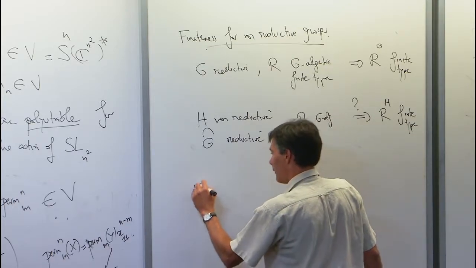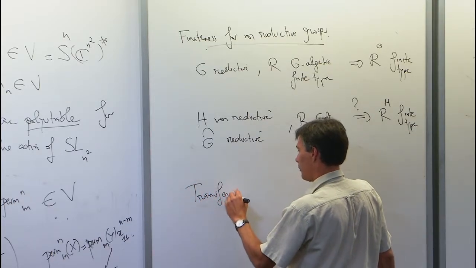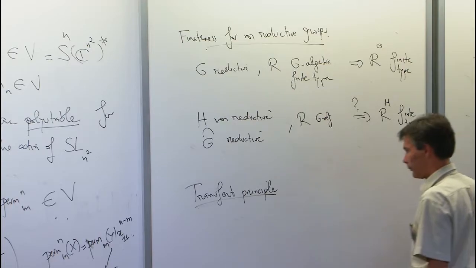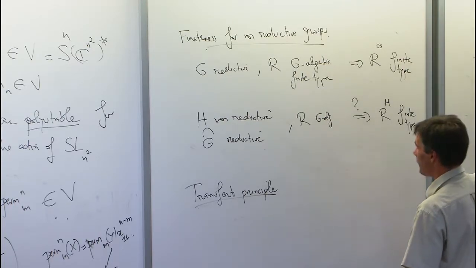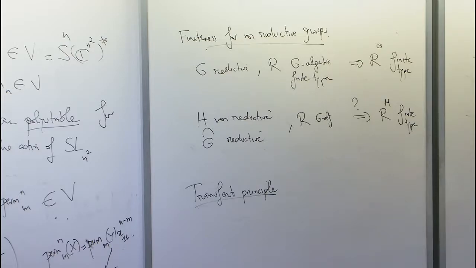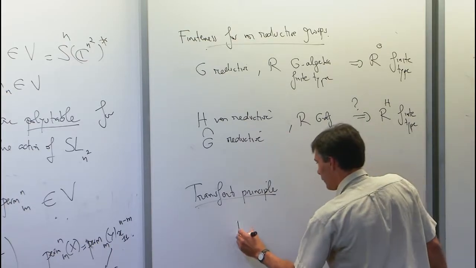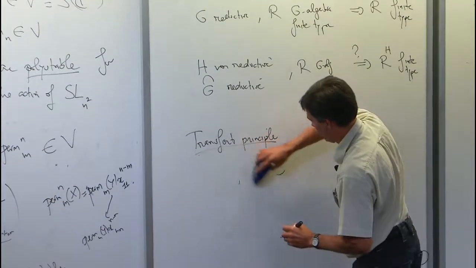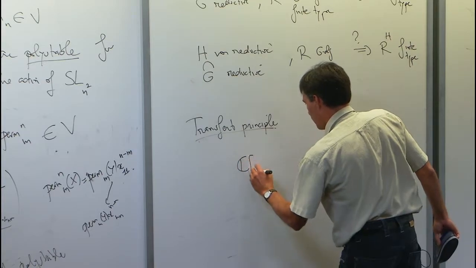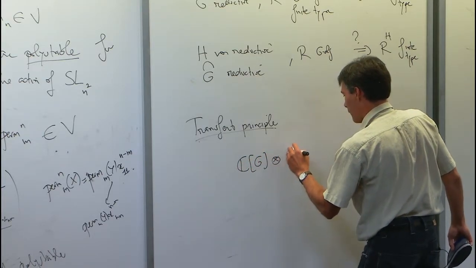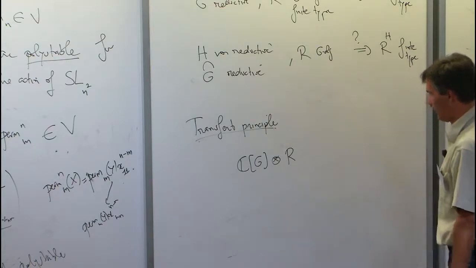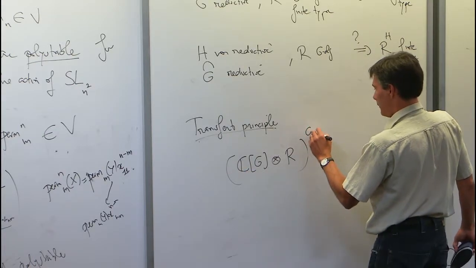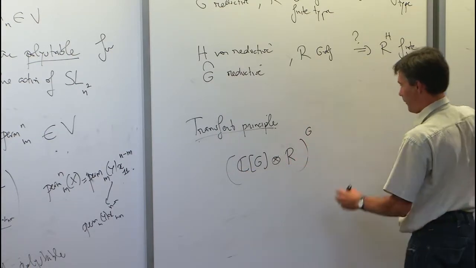There is a nice statement which is called the transfer principle. There is a natural map from R to the tensor product: take the algebra of functions on G, tensor with R, and take the invariants of G for the diagonal action.